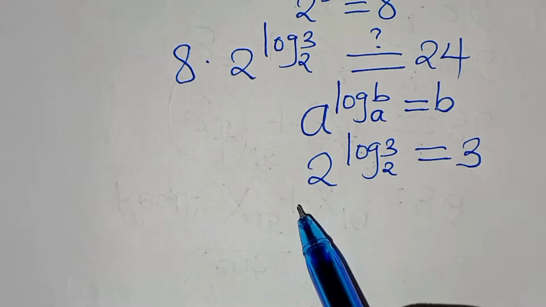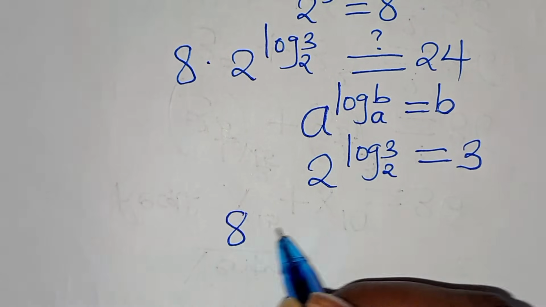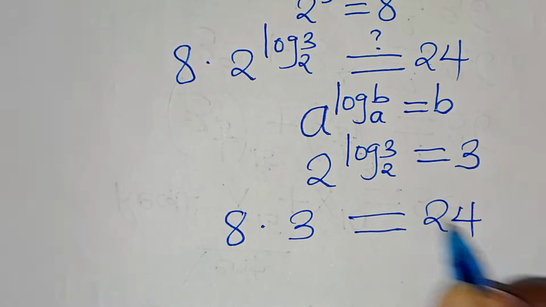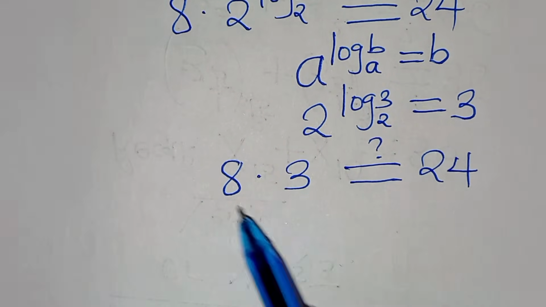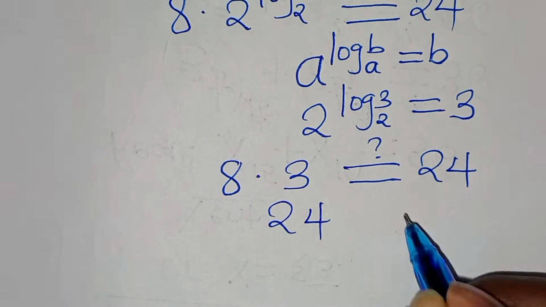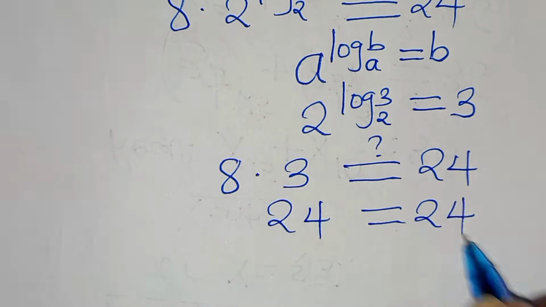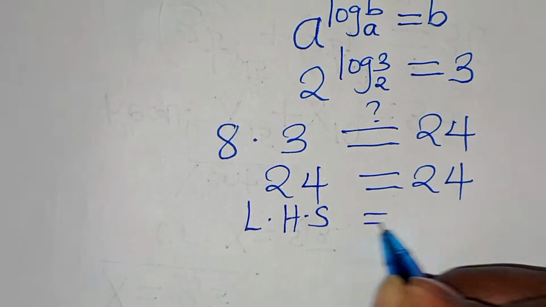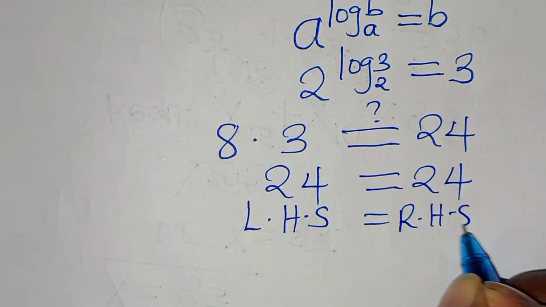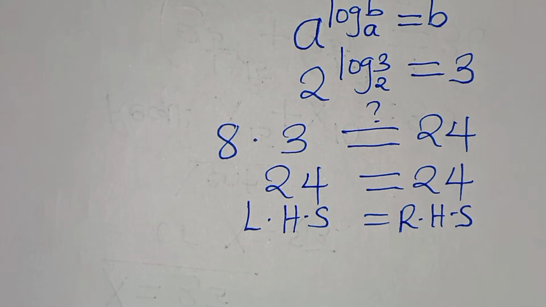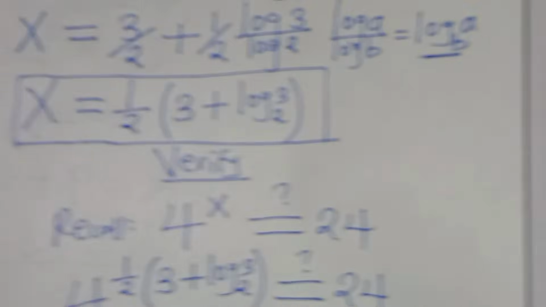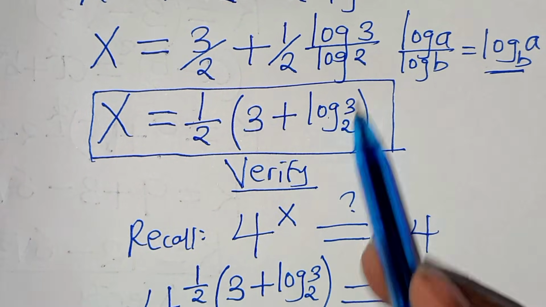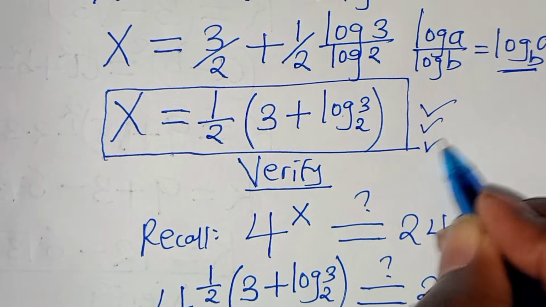Substituting 3 back to the equation, we have 8 times 3, which is equal to 24. So therefore, the left hand side is equal to the right hand side. And this implies that the value of x, which is equal to a half into the parentheses 3 plus log 3 to base 2, satisfies the equation.